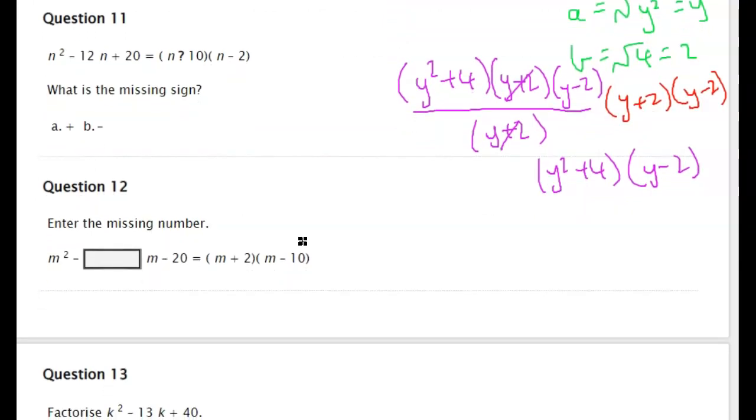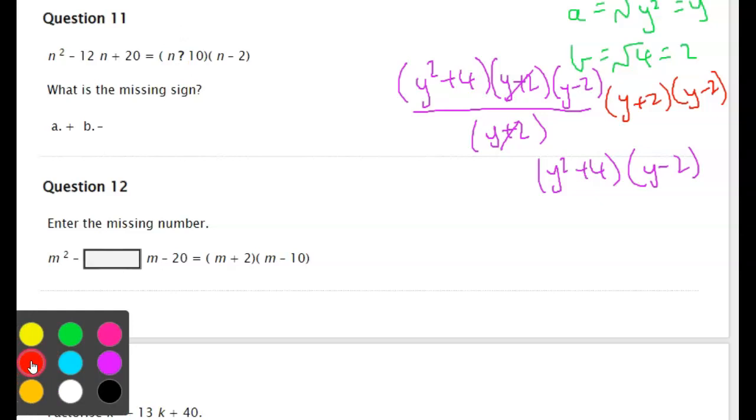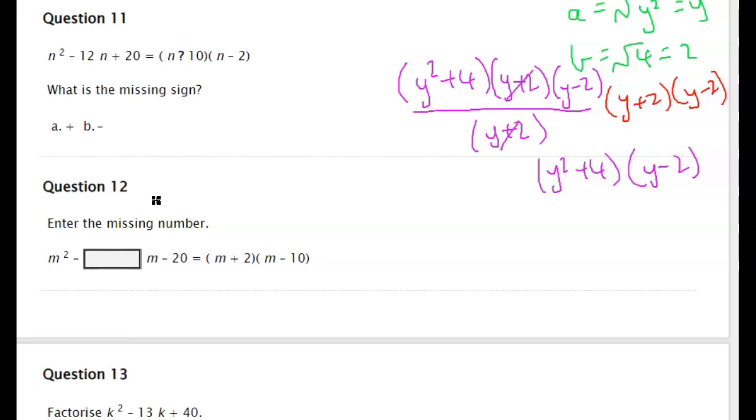Okay, question 11. All right, so we've got n squared minus 12n plus 20, and we've got to work out what the missing sign is. Even if you have to guess, you've got a 50-50 chance of getting this right. But let's have a look at what we've got here.